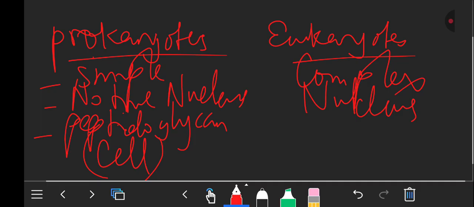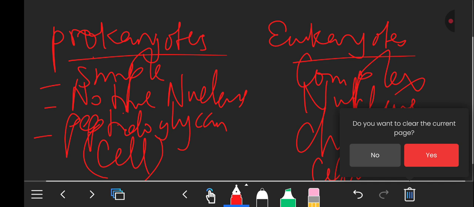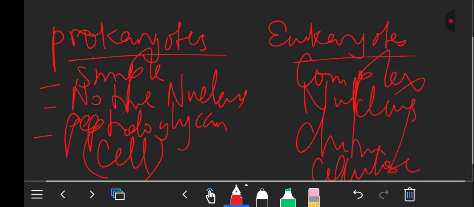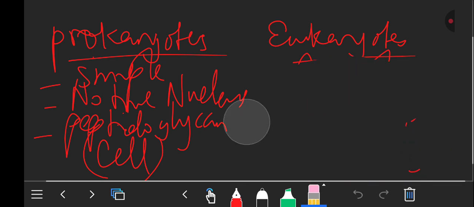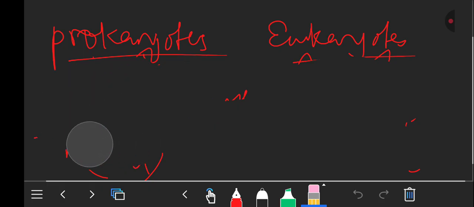But when you're talking about the cell of the eukaryote, it is made up of chitin and cellulose, which is a carbohydrate. Okay, so that is very important for us to appreciate.